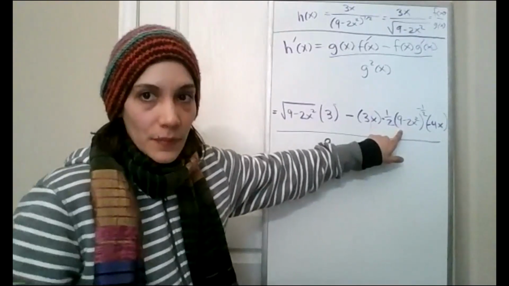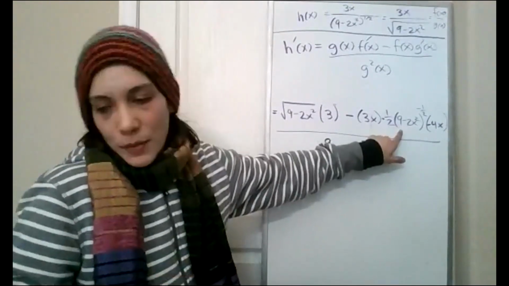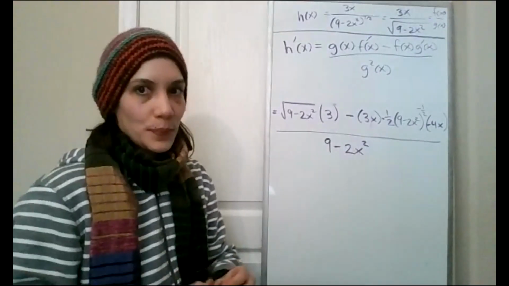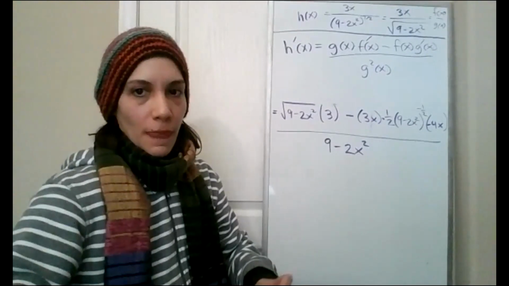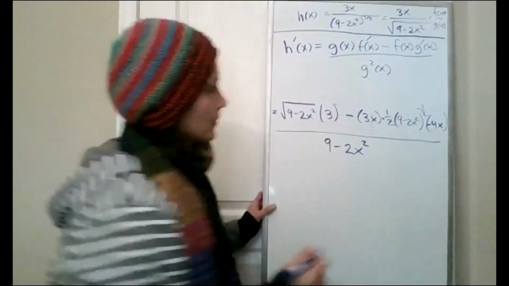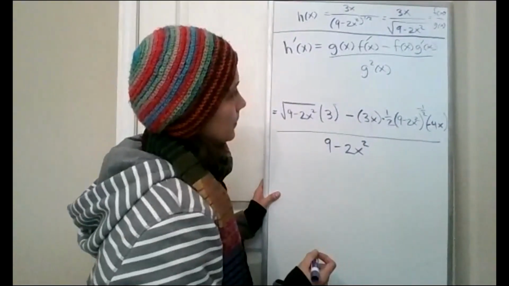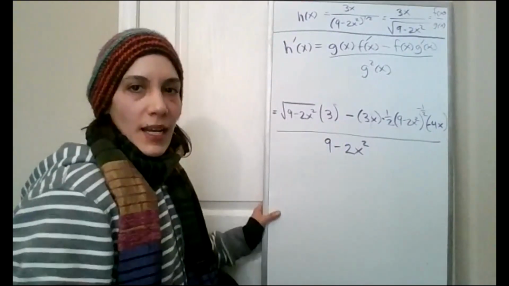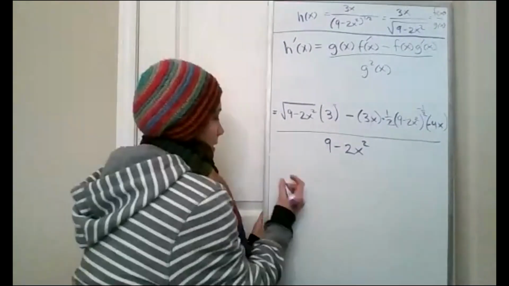We're just multiplying that by g of x. Okay. And then, because the 4x is the derivative of g of x, right? Yeah, negative 4x is the derivative.